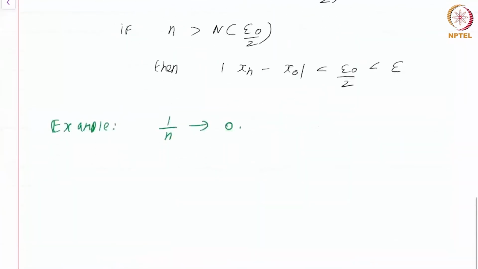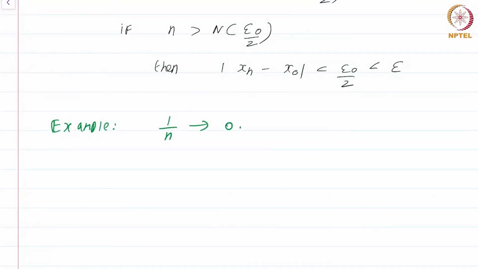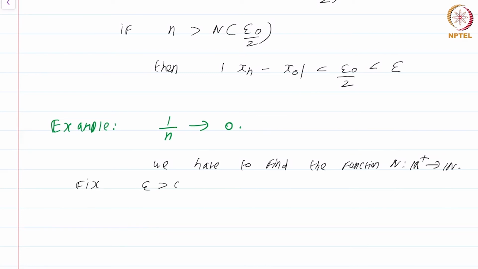So what do we have to do? First we have to find the function N from R plus to natural numbers. Now fix epsilon greater than 0.